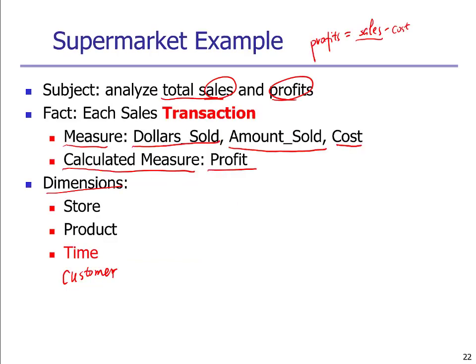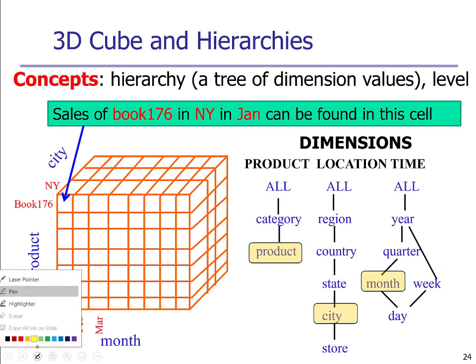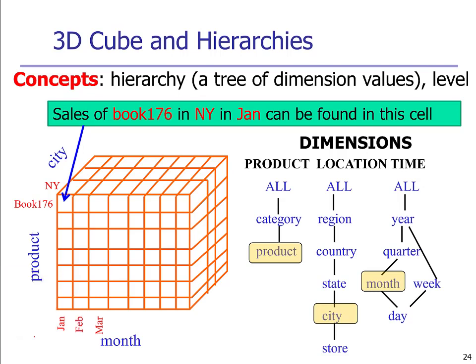Therefore, we will generalize it in a way like this. The 3D cube and hierarchies. For this 3D cube, we would have 3 dimensions, D for dimension. This dimension is city, this dimension is product, and this one is month. We will look at the hierarchies later.